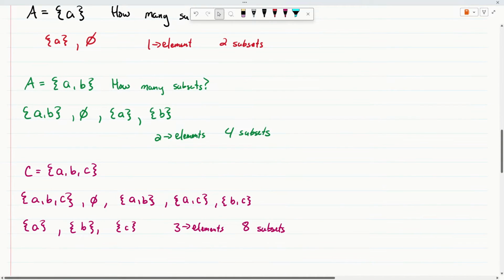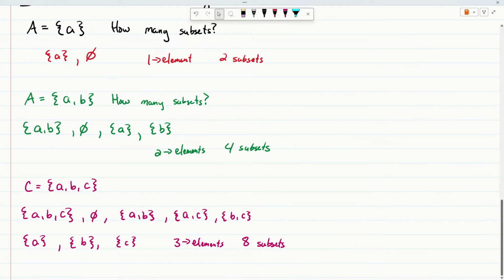And if I just scroll out, you're going to see a pattern developing. Here's the pattern.